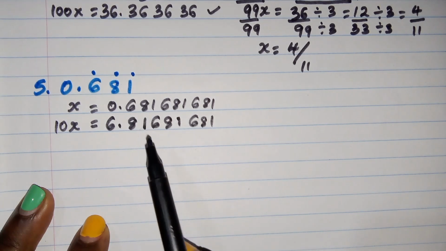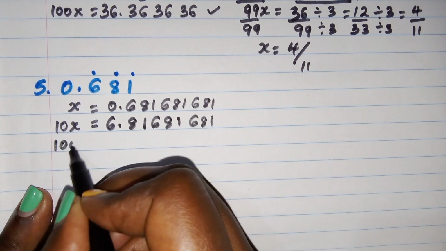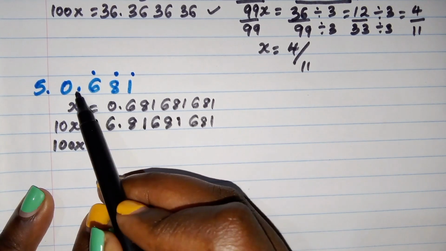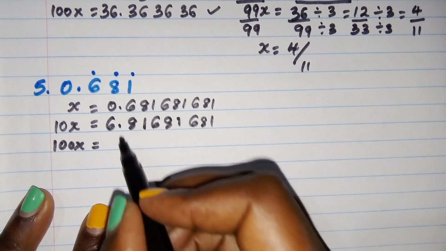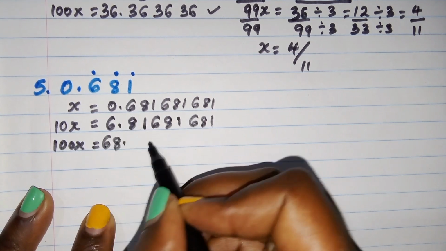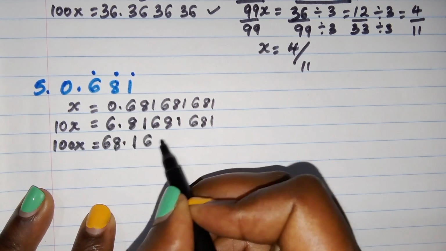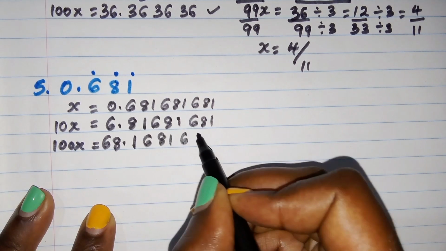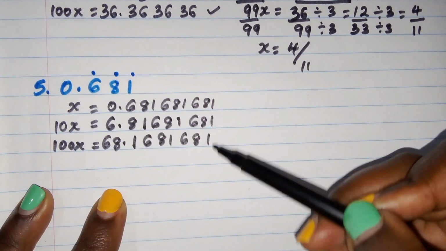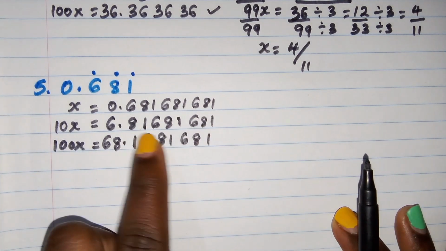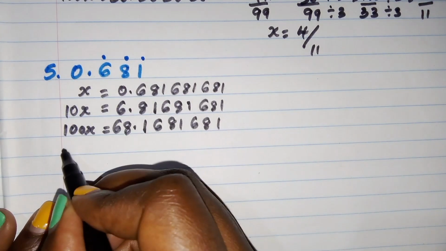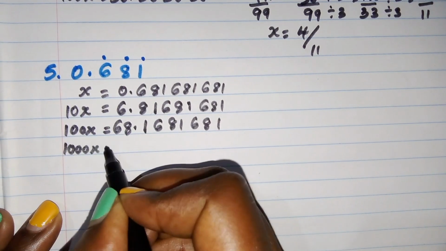So far they don't match, so we do 100x. So you move the decimal point here, so it becomes 68.1. Then you repeat 681, 681. So far none of them matches. So let's go to the next one, 1000x.